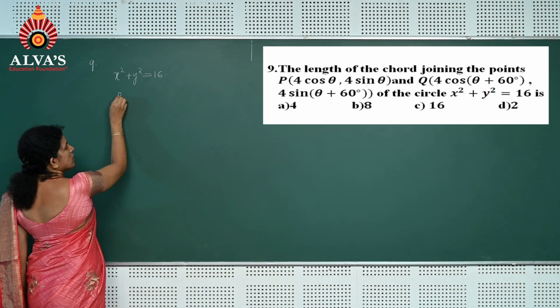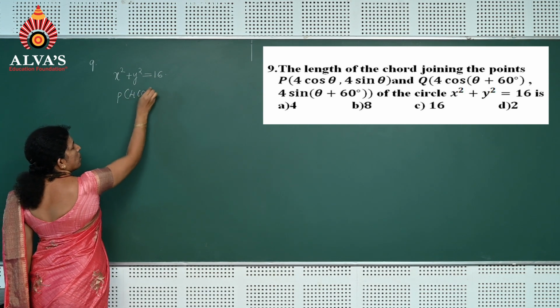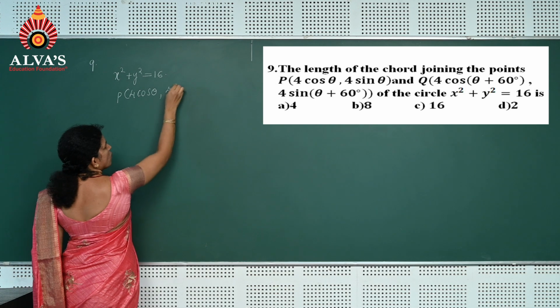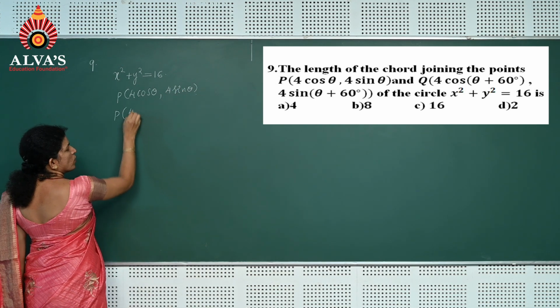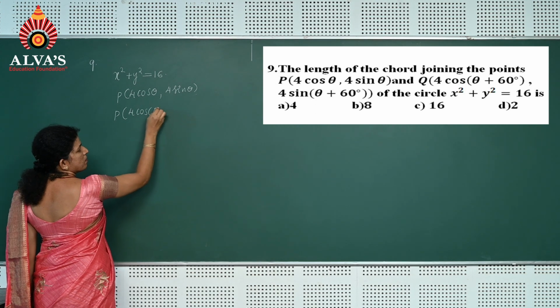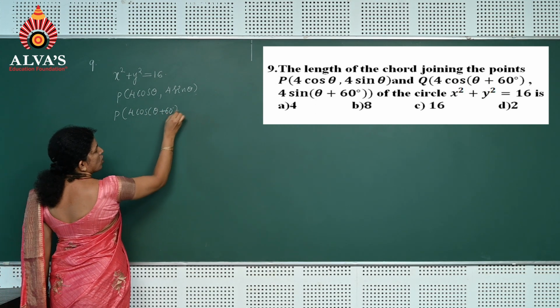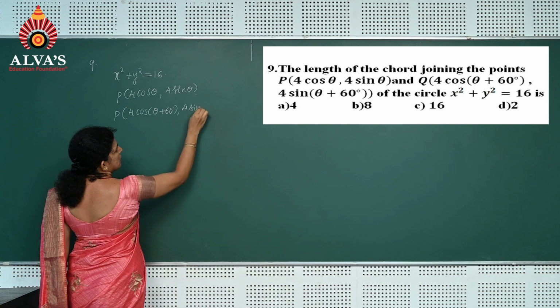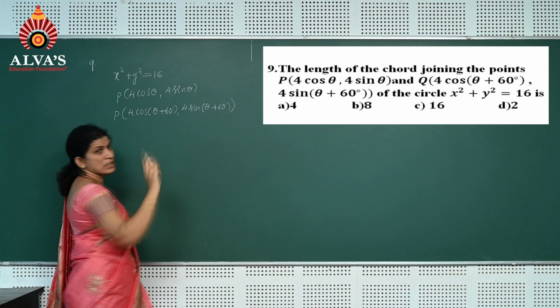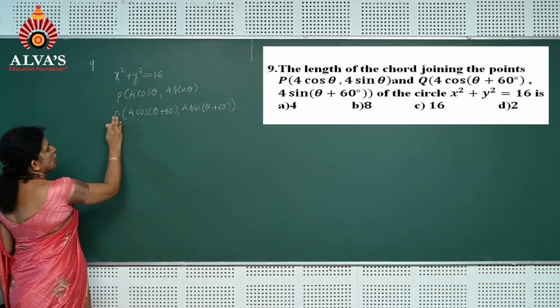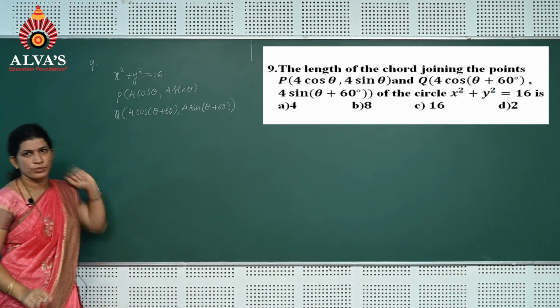Two points on the circle are given, one is P of (4 cos theta, 4 sin theta). Another one is Q of (4 cos (theta plus 60 degree), 4 sin (theta plus 60 degree)). We want the length of the chord joining the points PQ.